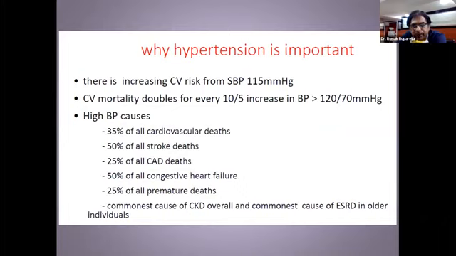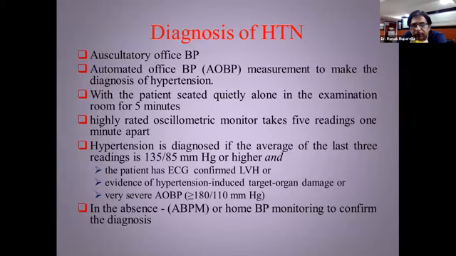Because it is responsible for 35% of all cardiovascular deaths, 50% of stroke deaths, 25% of CAD deaths, 50% of CCF, and 25% of all premature deaths. Now, there is an important concept which has come, the automated office BP measurement, instead of routine auscultatory office BP measurement. In this, the patient has to sit alone quietly in the examination room for 5 minutes.